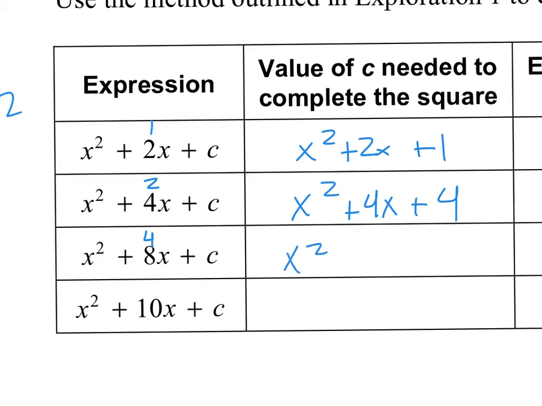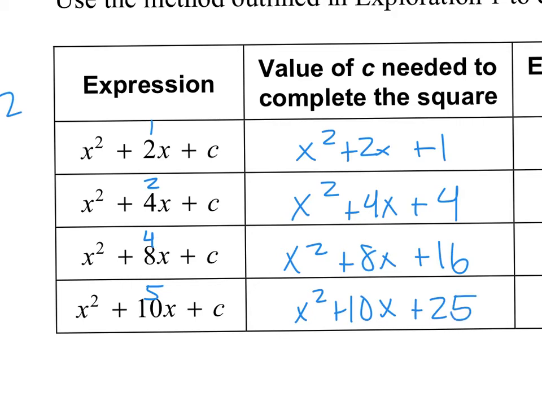So x squared plus 8x plus 16. Half of my b in the fourth one is 5. 5 squared is 25. So x squared plus 10x plus 25. And that's how you create your perfect square trinomial.